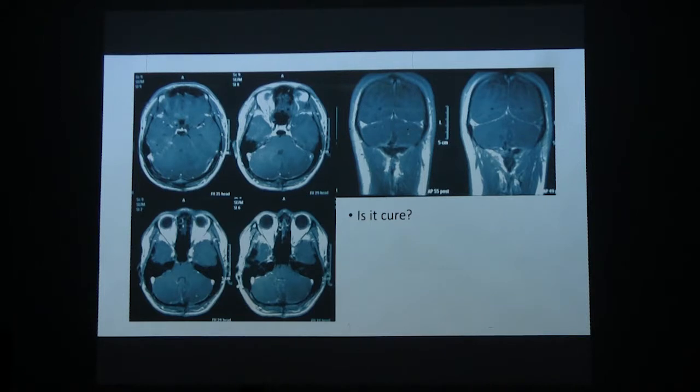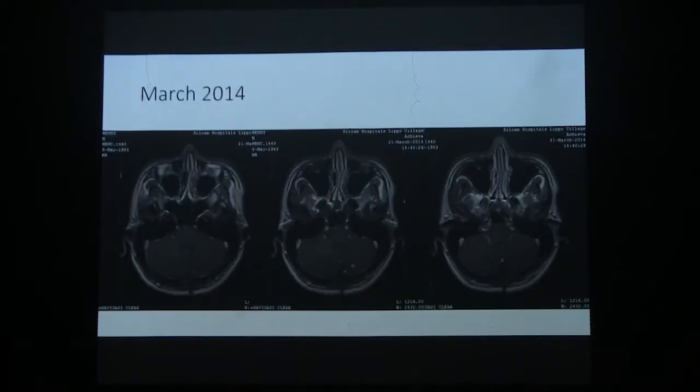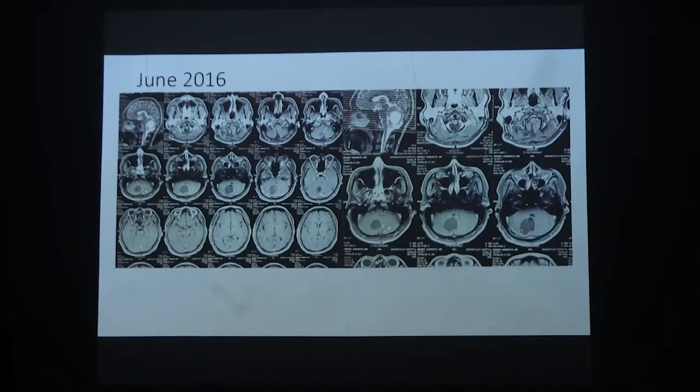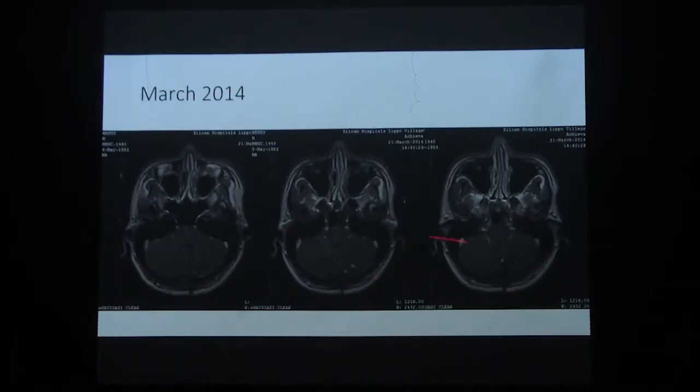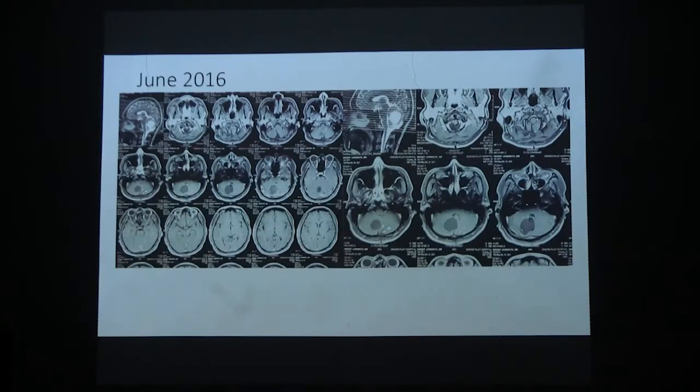So this is 2010. In March 2014, he came back with problems. As you can see, that small little thing is growing, and this one is causing problems. And then we decide, oh no, sorry. This is 2014. We know that it's growing, but it's not symptomatic yet until June 2016.